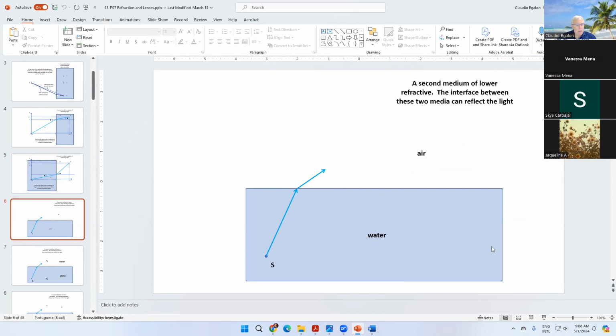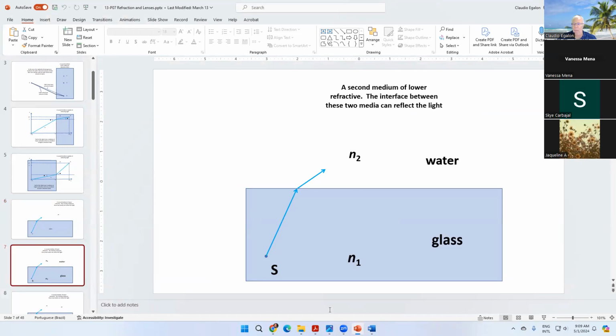So let's say you are underwater, and you have a laser or a light source, just like my laser pen. If you shine this laser at the interface between water and air, you already know that the light ray is going to be bent away from the normal, higher to lower. Then we're going to continue this experiment.